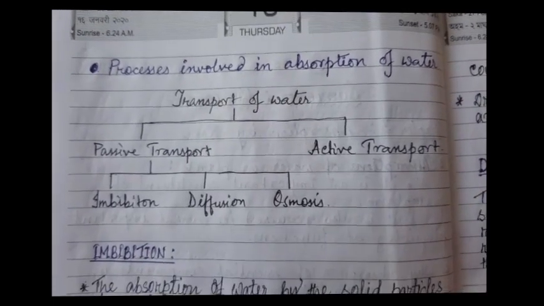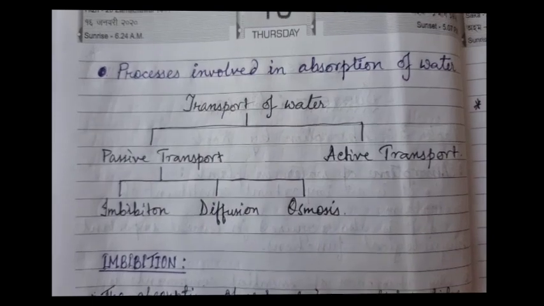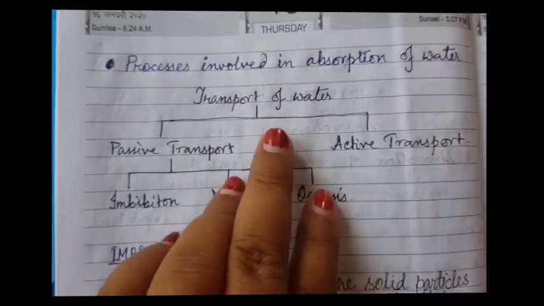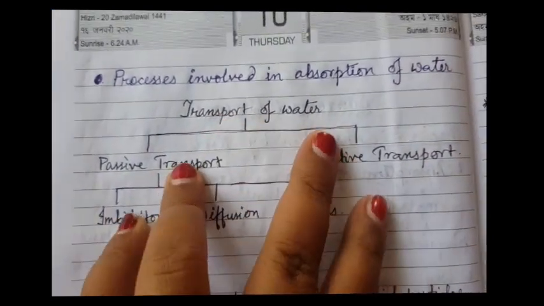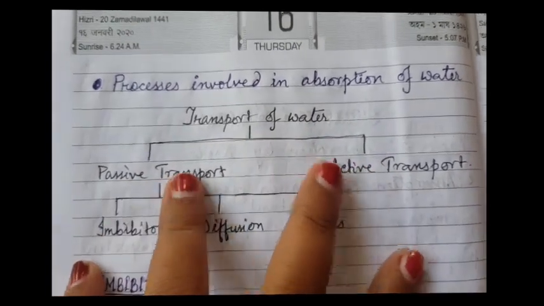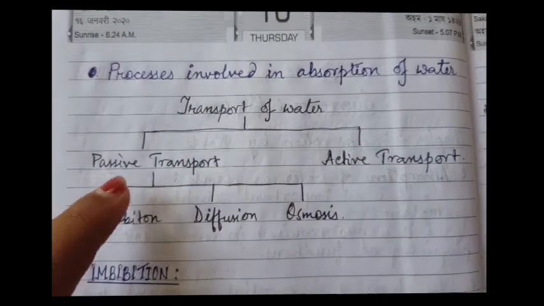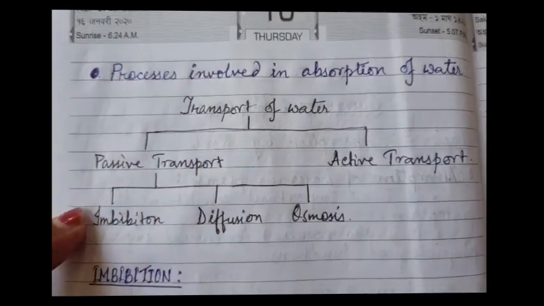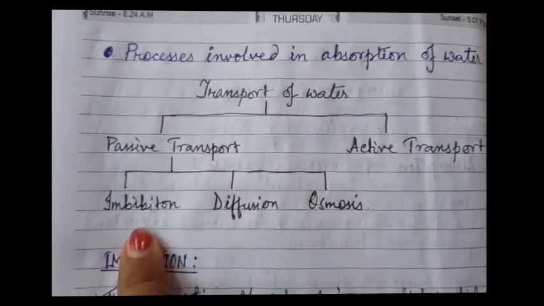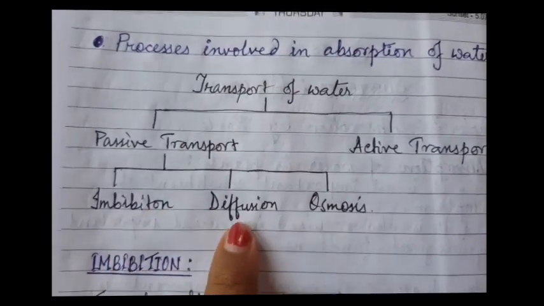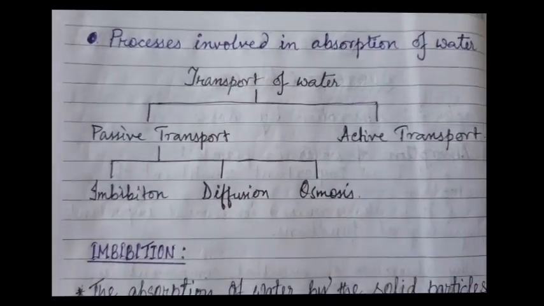Now the transport of water is done in two methods. One is passive transport, another one is active transport. Passive transport can further be divided into imbibition, diffusion and osmosis.